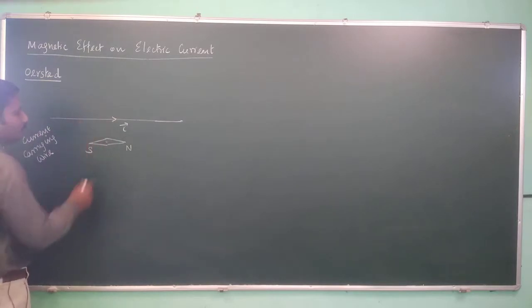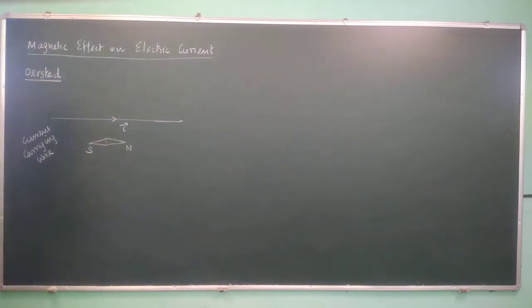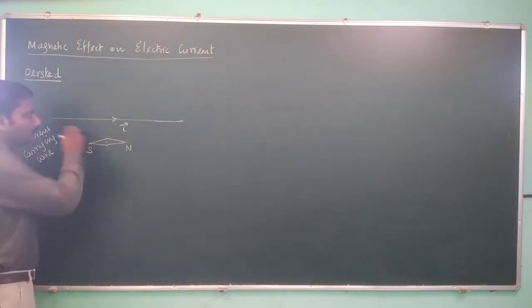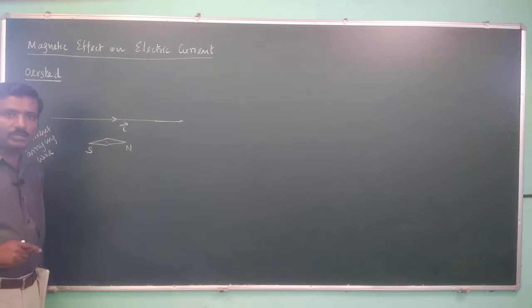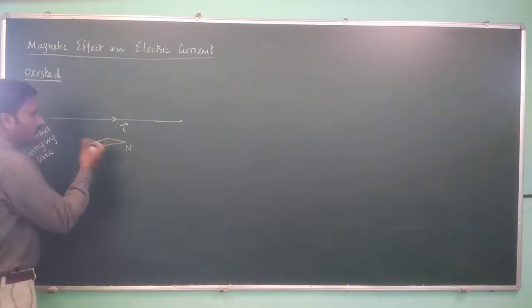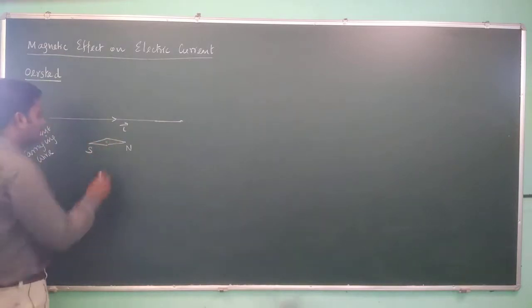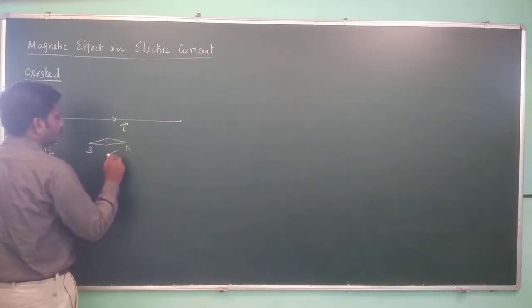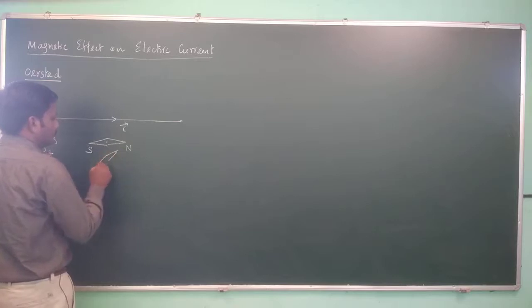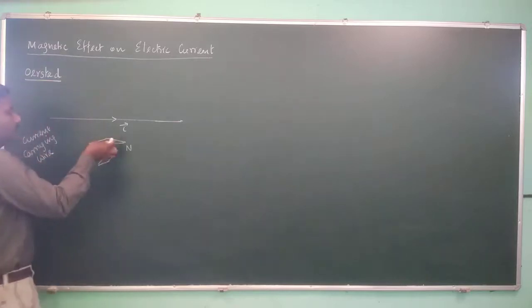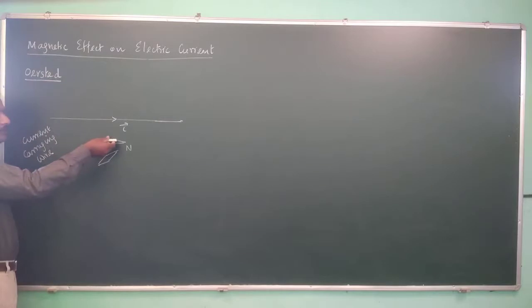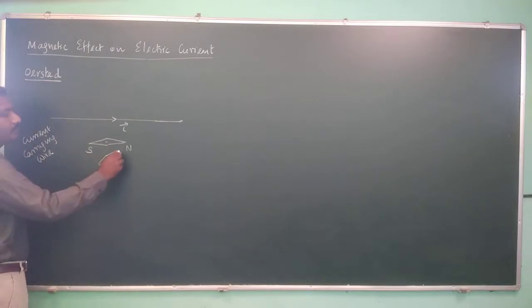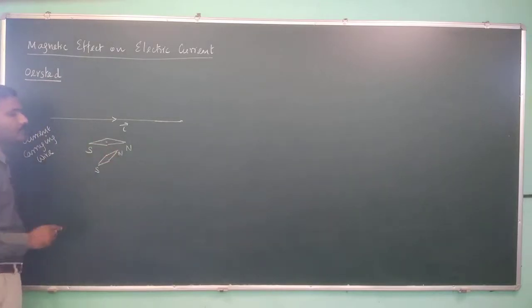If it is switched off, then the magnetic needle does not deflect. But if the current is switched on, then it gets deflected like this. So a needle which initially looks like this now turns like this. So this becomes north, this becomes south.